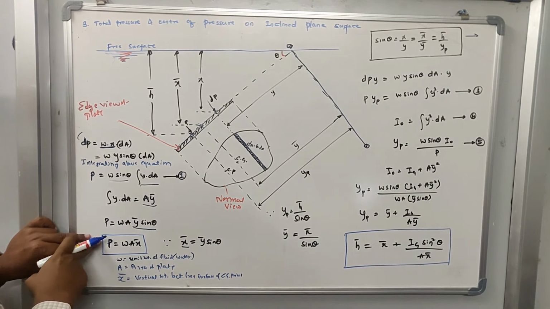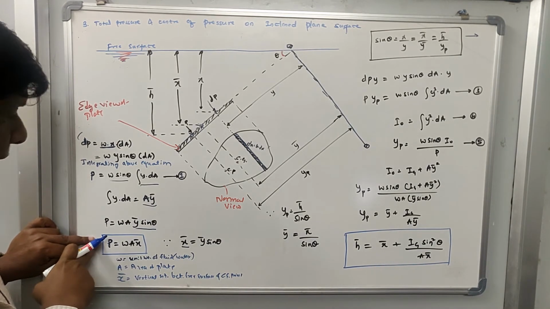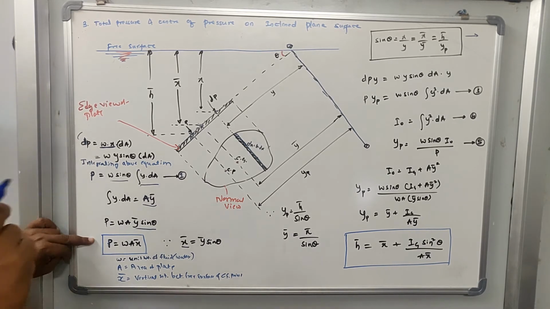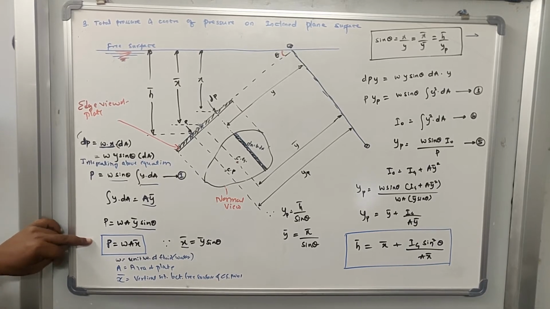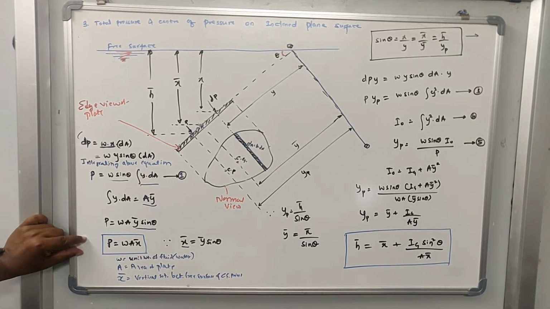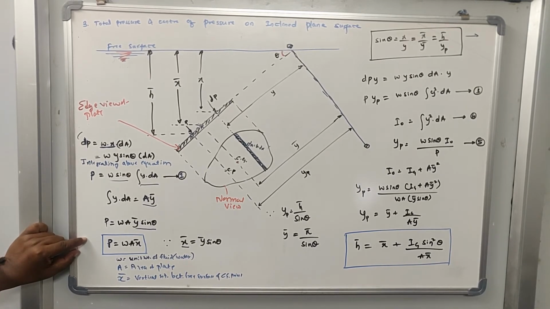Once we know the magnitude of the total pressure acting on the inclined plate, let us see at what point it acts. In the analysis of fluid mechanics or solid mechanics, we should know the magnitude of the force and the point where it acts, called the point of application.